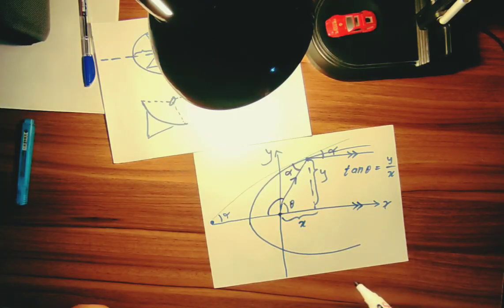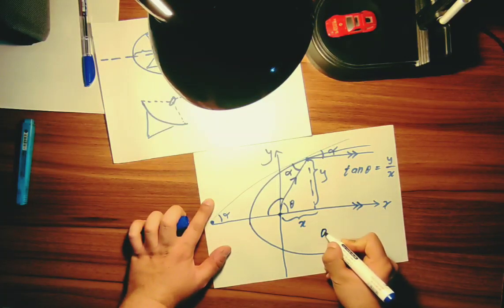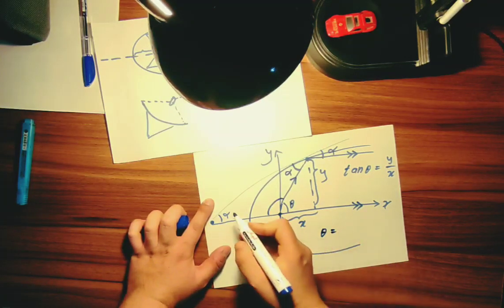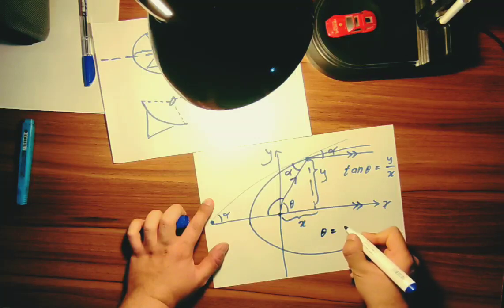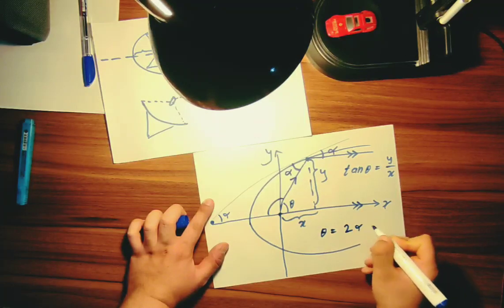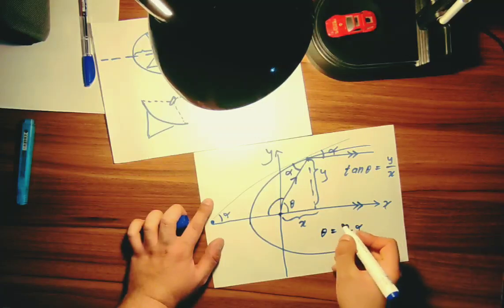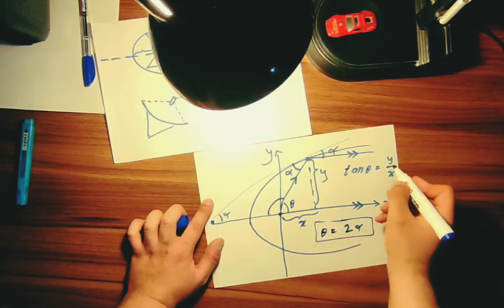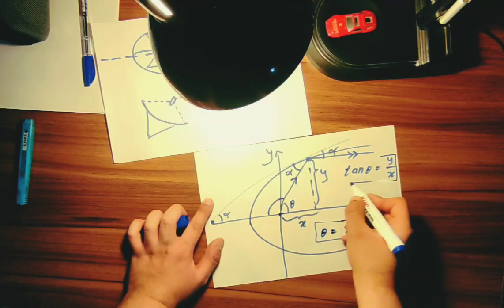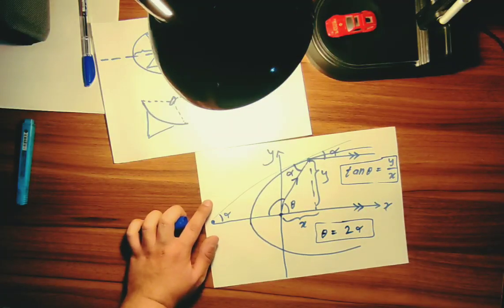And if you actually think about it, theta equals this angle plus this angle, so it is equal to 2 alpha. We have this, we have something else.